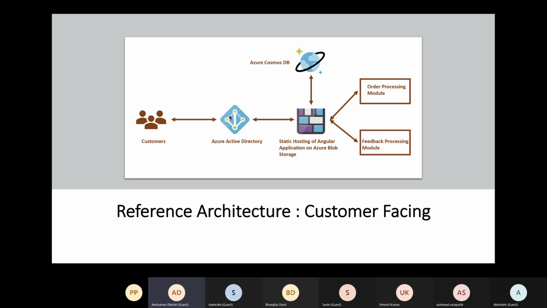We also have Azure services here like Cosmos DB, Blob Storage, or the Azure Functions you will be building in the future. For that, Azure Active Directory will really be helpful because it creates one kind of organization, and there we can have multiple customers and multiple users in a single base.